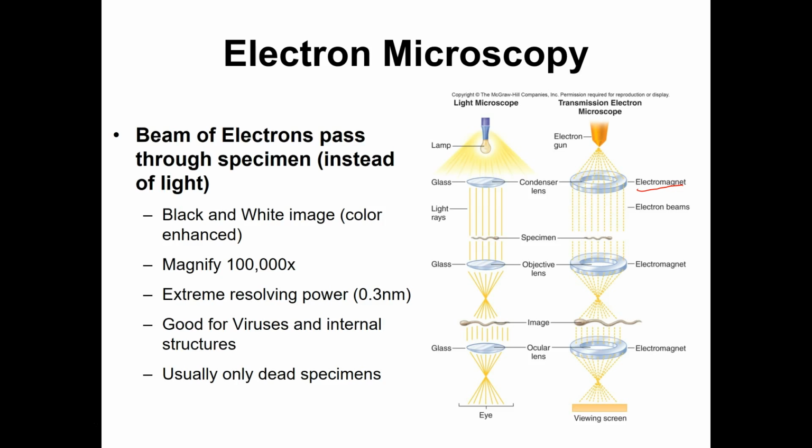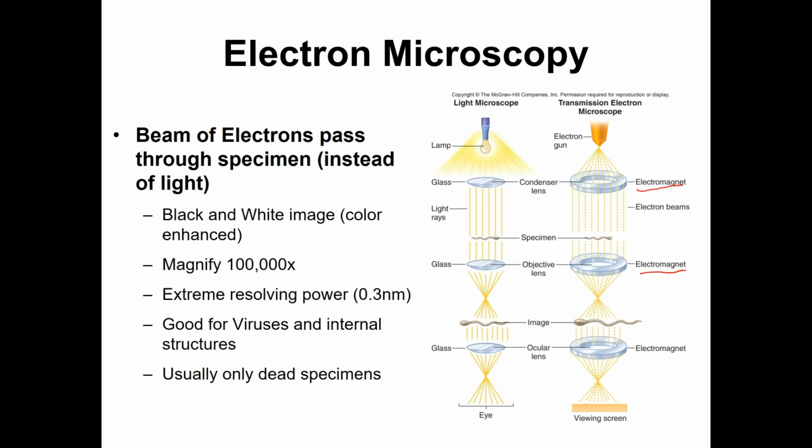In the electron microscope, the electrons basically blast through the specimen. In the light microscope, the light beam or the photons from the specimen that bounce off of them are collected by an objective lens. In an electron microscope, they're collected by yet another electromagnet that serves just the same principle as an objective lens.